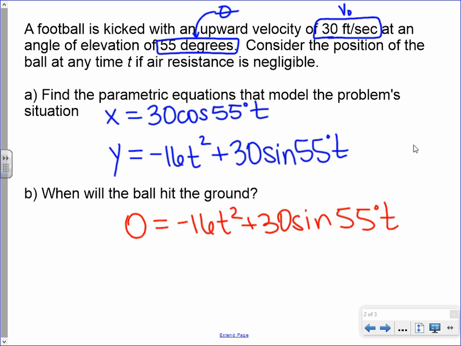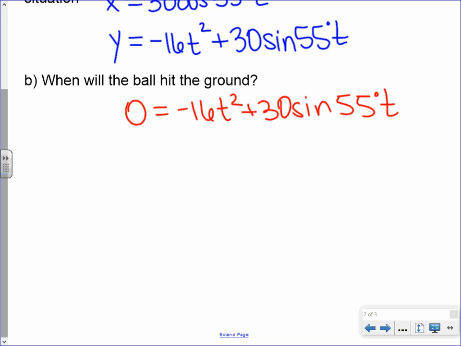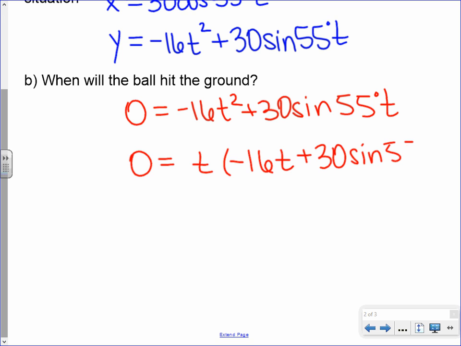Now, quickly before we go to lunch, since we do not have an initial height, what's true about all of the terms over here? They all have a t. So we can factor out that t. Which tells us either time is 0.